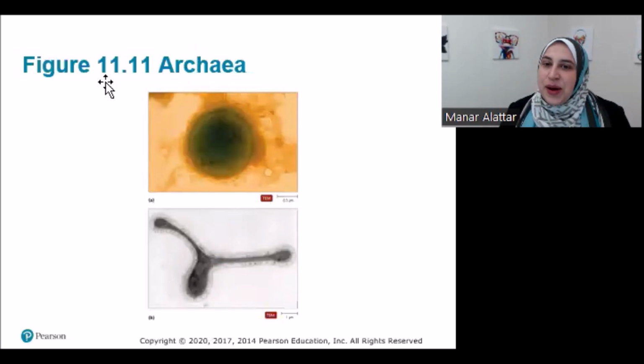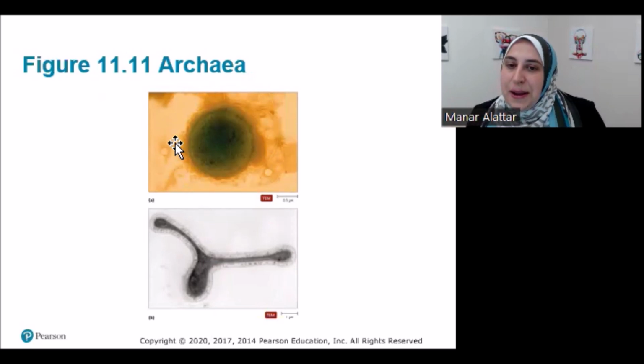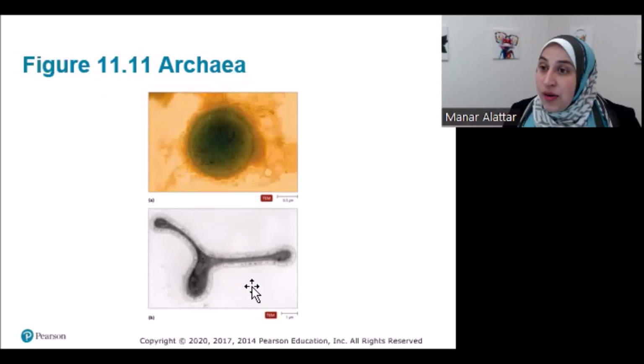Here we have Thermococcus. Thermo meaning withstanding high temperature, coccus, which is the shape of the organism. It also has these beautiful tufts of flagella that you can see there. Very beautiful. Then we have Pyrodictium, pyro meaning fire, so high temperature again.